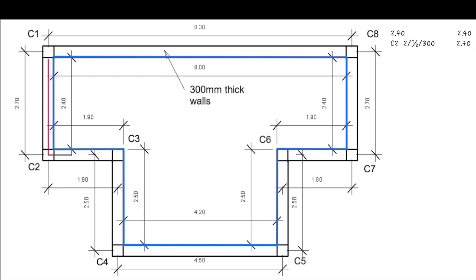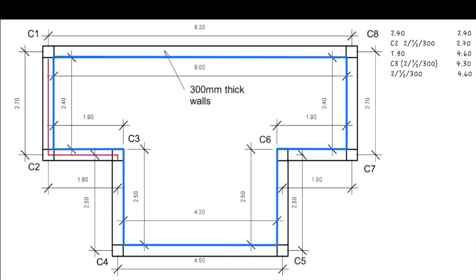From the right side of C2 to the left side of C3, our centerline dimension is inner girth dimension of 1.9 less 2 by 1/2 by 300. But now we have to increase our centerline dim by going round the corner, so we now add 2 by 1/2 by 300.